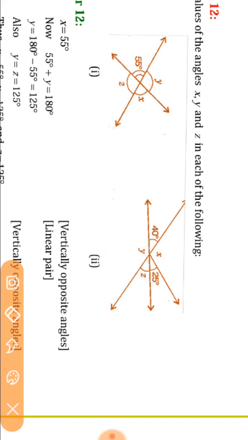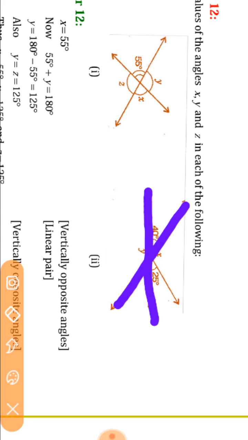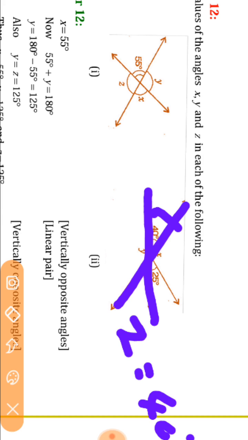So here, Y plus Z is also linear, but we don't know the values of Y and Z. So we can take the other one, 40 degrees. See, Z is equal to 40 because they are vertically opposite angles.